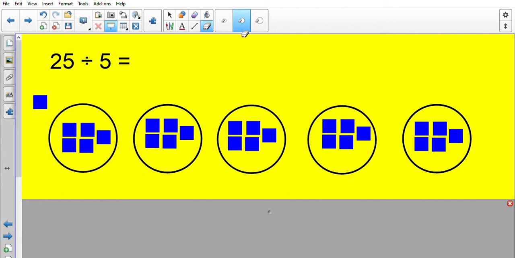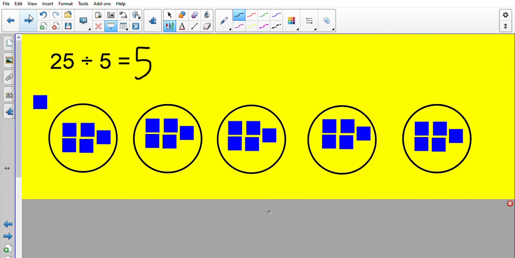Count your fingers as we do it. 5, 10, 15, 20, 25. So I got 5. So 5 in each group and I had to count 5 5s. So 25 divided by 5 equals 5. Brilliant.